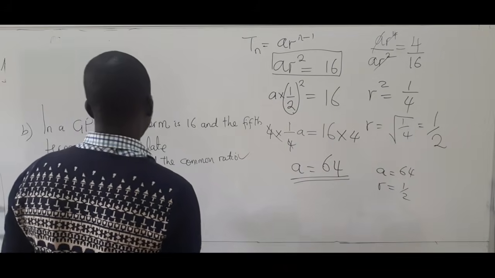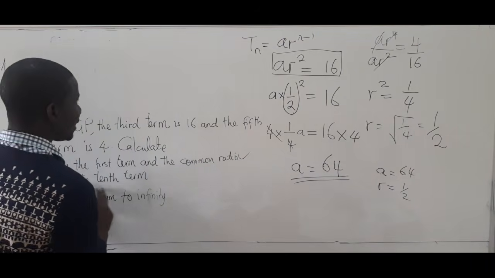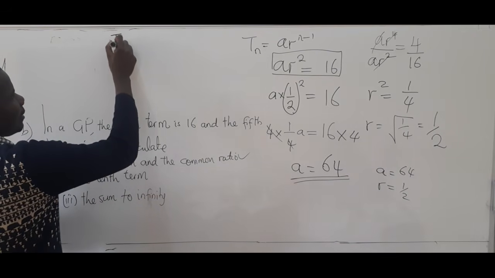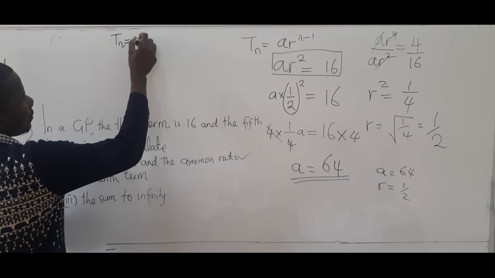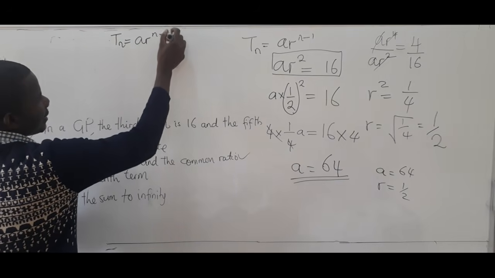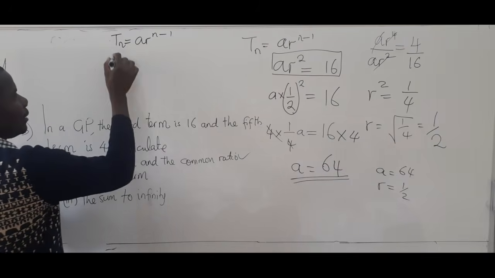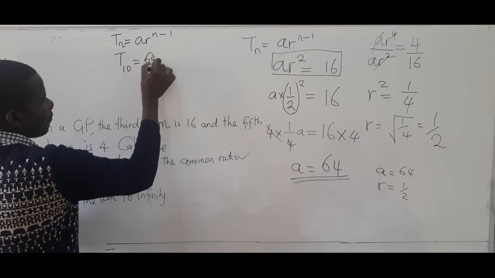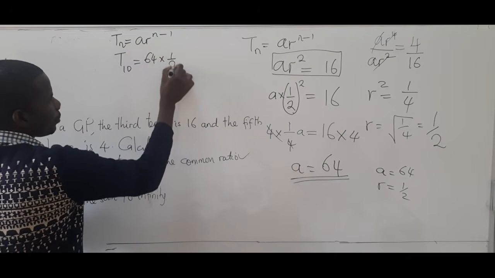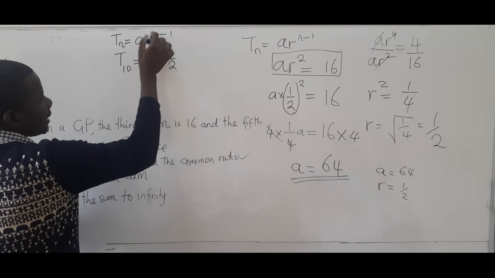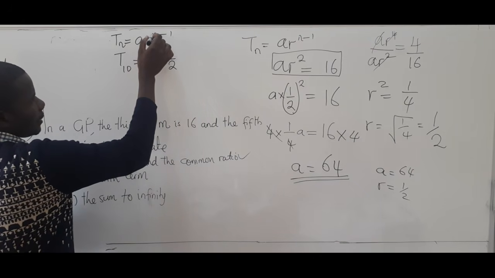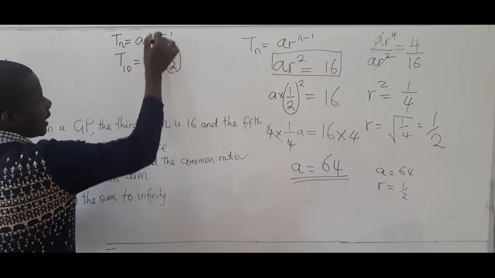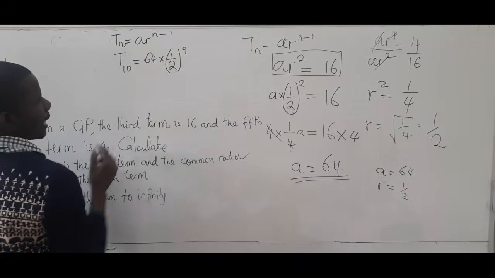So now we can go to the 10th term. We said this is our formula, isn't it? So for the 10th term, A is 64 multiplied by 1 over 2. When you put 10 here, it is going to be 10 minus 1, so this is going to be 9.